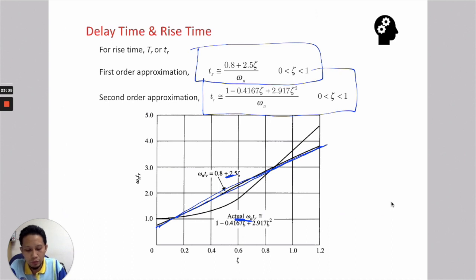However, if we look at the second order approximation, we have this plot which is about the same as the actual plot of omega n Tr here. So we can say that the second order approximation of the rise time is much more accurate as compared to the first order approximation.